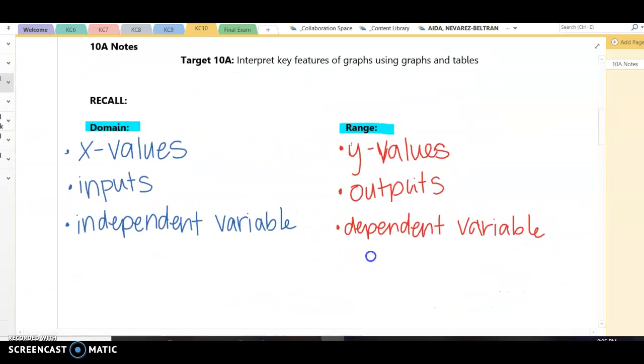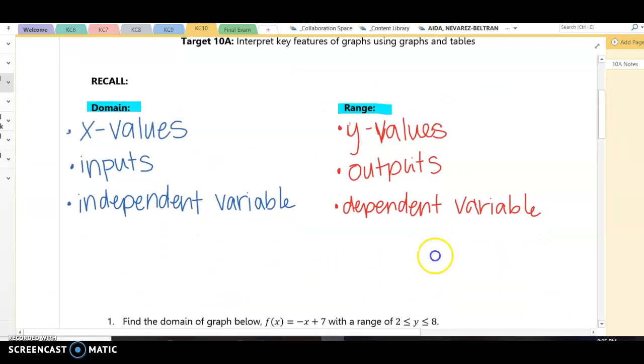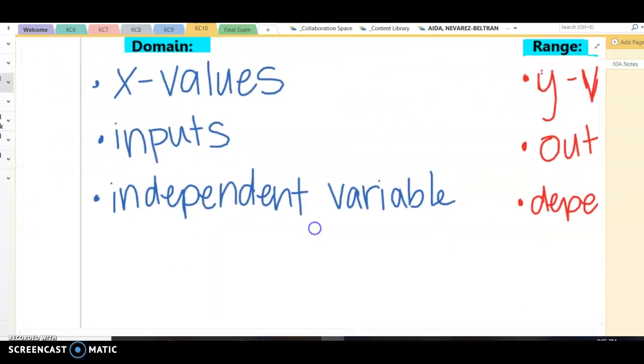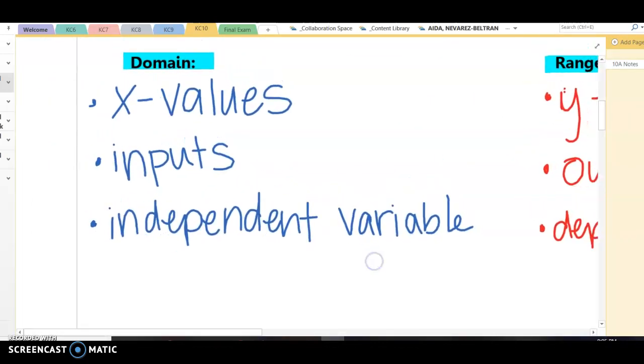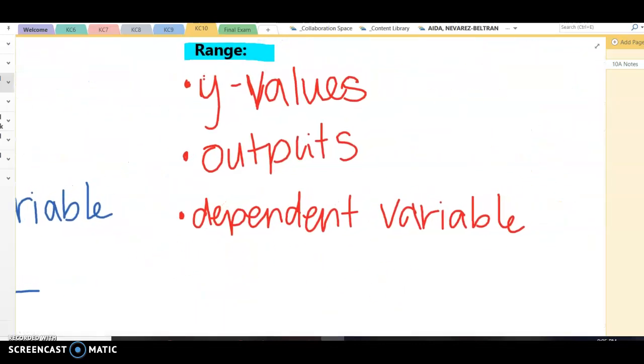So let's start going into some examples, right? Domain: X values, inputs, independent variables. Also, when we're expressing our domain and range, we're going to be using inequality. So we're going to be saying our X's are between what numbers for your domain, and then for the range, we're going to say what numbers your Y is in between, right?